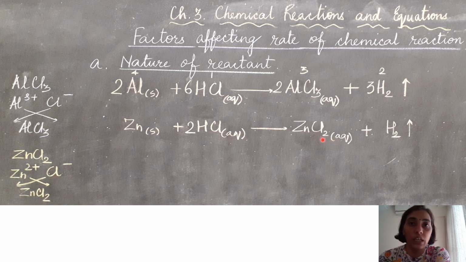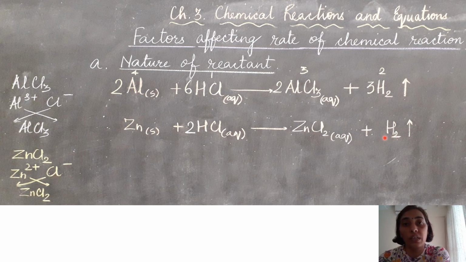Write down the name, zinc chloride, and aqueous solution, and hydrogen gas is released. Both these, that is aluminium chloride and zinc chloride, both are salts, but they are water soluble salts, so they dissolve in water, and so we get water soluble salts, aluminium chloride here and zinc chloride in this case. Both the cases we are getting hydrogen gas.